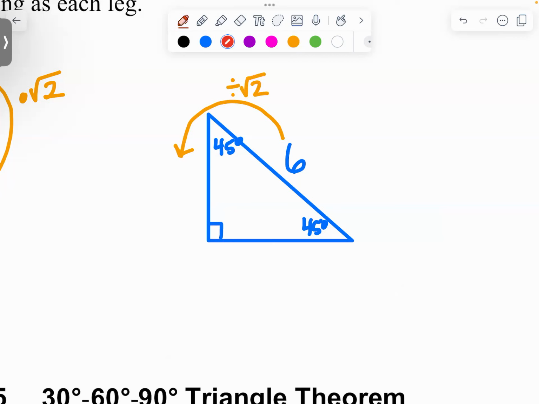Now, can I leave it as 6 divided by the square root of 2? No. So we're going to have to do a little bit of work. We can't have a radical in our denominator. How do we get rid of that? We need to multiply numerator and denominator by the square root of 2.